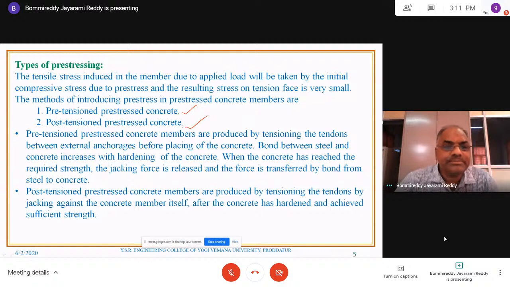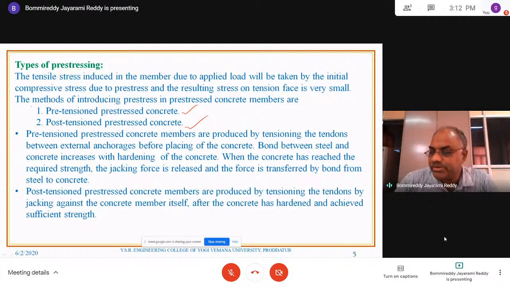Here, the tensile stresses induced in the member due to the application of loads will be taken up by the initial compressive stress due to pre-stress, and the resulting stress on the tension phase is very small. That is the major concept that we are considering in the analysis and design of pre-stressed concrete.